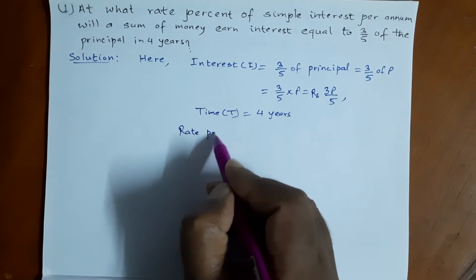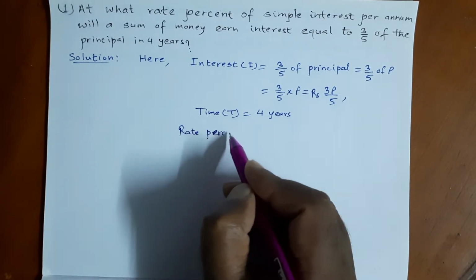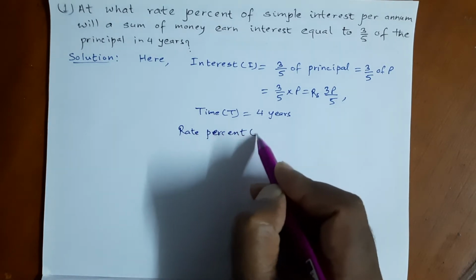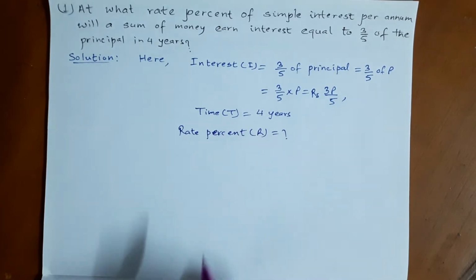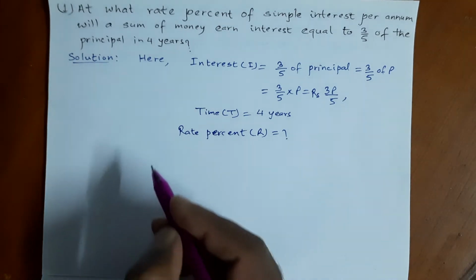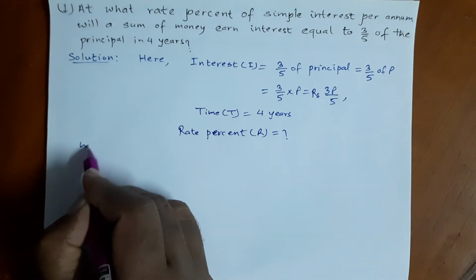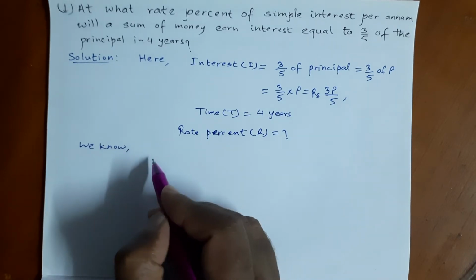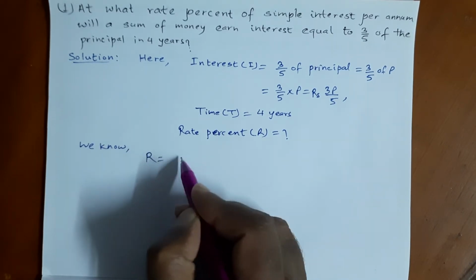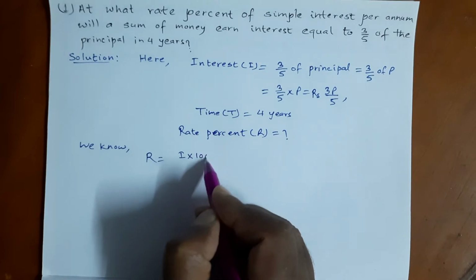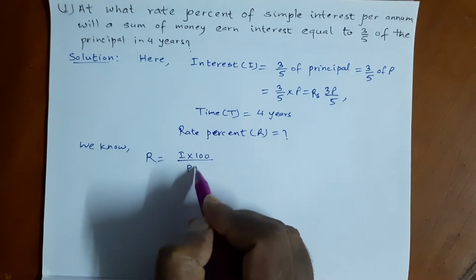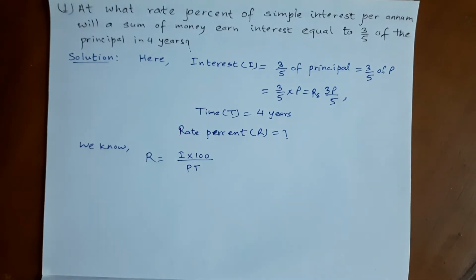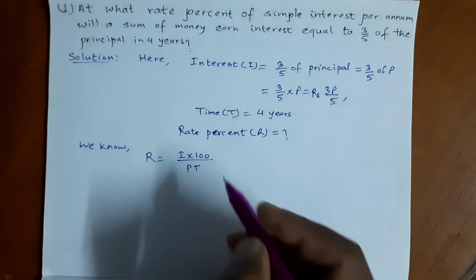We need to find the rate percent, r equals what? This we have to find out, and we know rate percent r equals I times 100 over pt. We have this formula for rate percent.